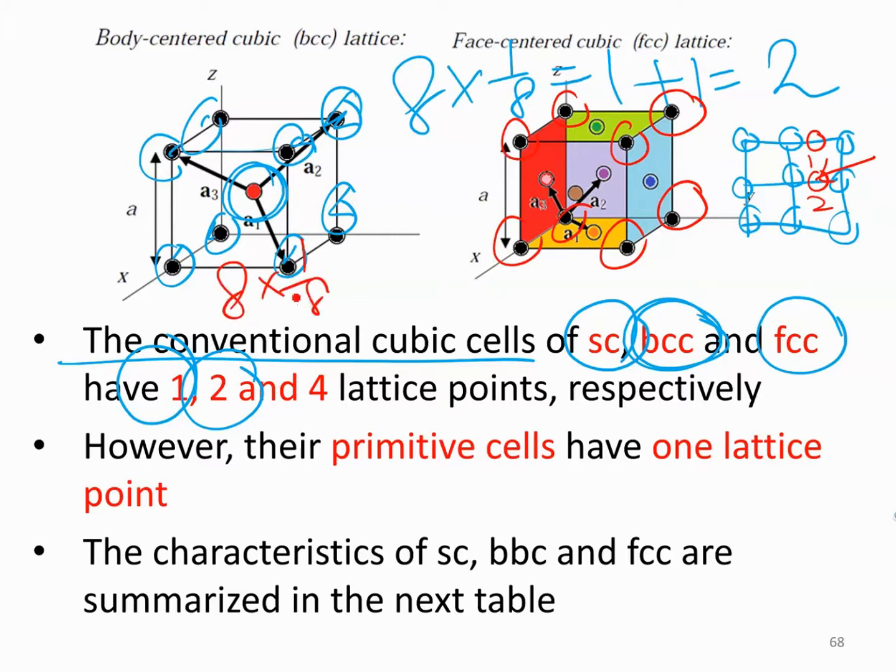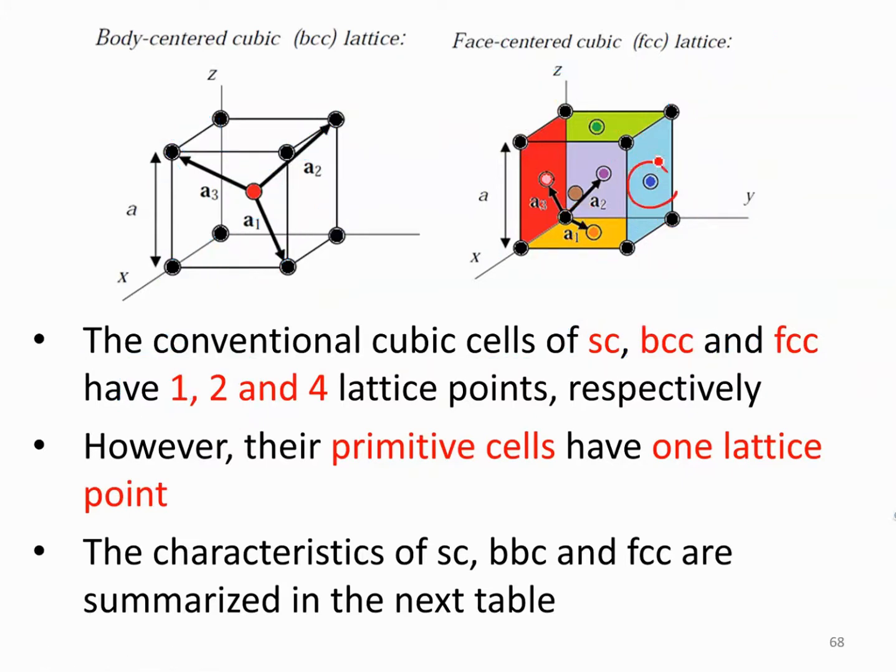Corners contribute 1/8 only. And then the face center, this is the face-centered one. So this is only shared by 2 unit cells. 1, 2, 3, 4, 5, 6, 7. And then where's the last? No, this is not. Okay, so there's only 6. Okay, I redraw again. 1, 2, 3, 4, 5, and then the red one, 6.